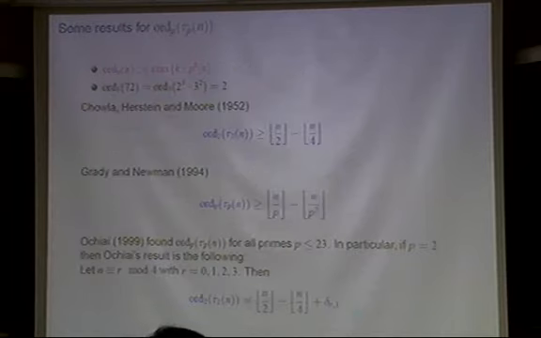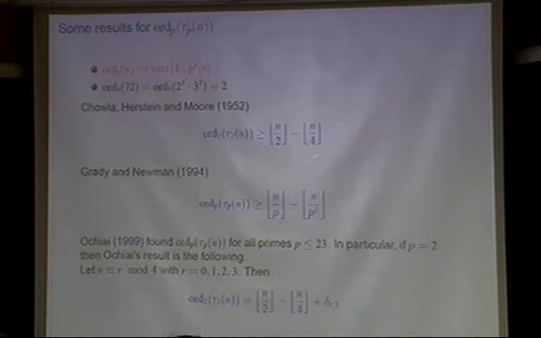Let ord_p(n) be the maximum integer k such that p to the k divides n. For example, ord_2 of 72 is 3. Chowla, Herstein, and Moore proved that the order 2 of the number of involutions is at least this number. A little later, Grady and Newman proved that this is true for every prime number p.